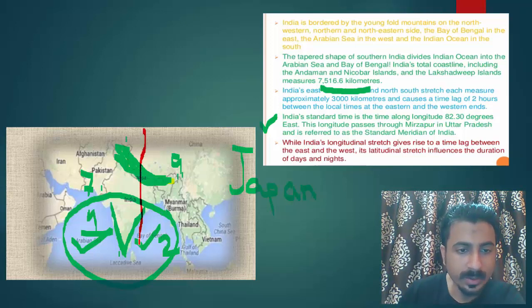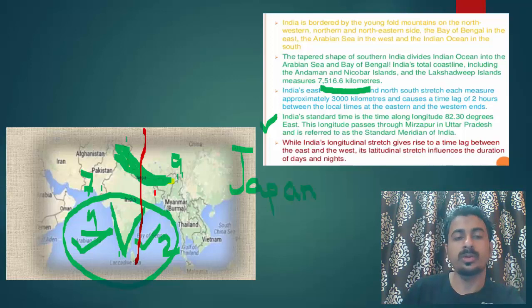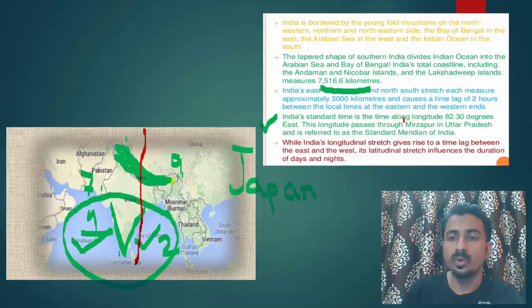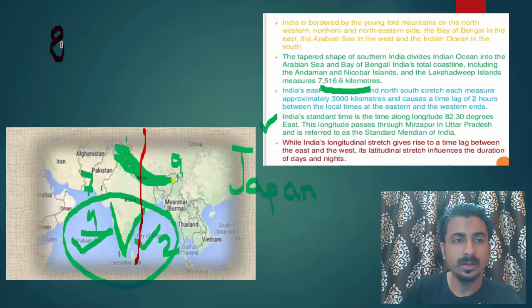And which place in Uttar Pradesh? It is called Mirzapur. You must have heard Mirzapur in a TV series or net series to be precise. Mirzapur is a town or a district in Uttar Pradesh. It is near Allahabad. So through Mirzapur, a longitude passes which is 82 and a half degree.